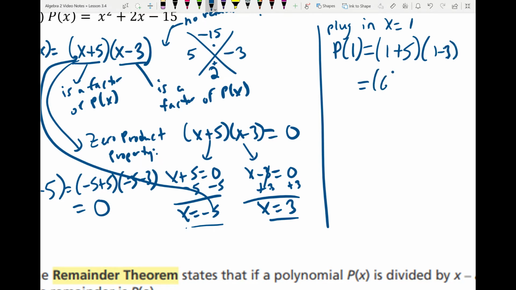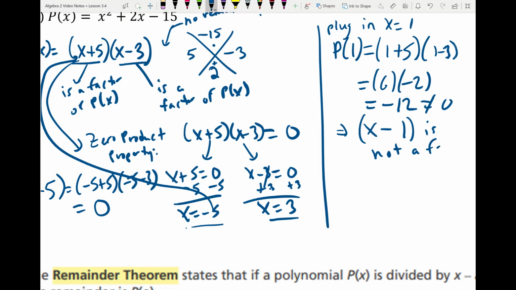So we have 6 times negative 2, which is negative 12. Okay, so what this is telling me is that I'm not getting 0. So since I'm not getting 0, that means that x minus 1 is not a factor of this polynomial.